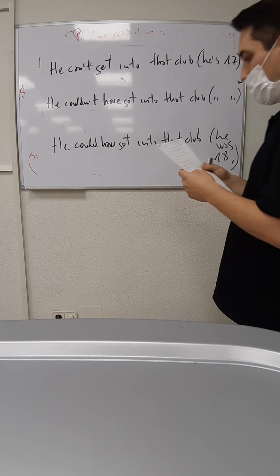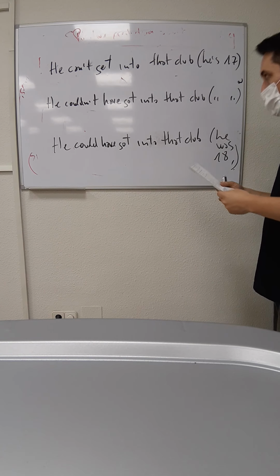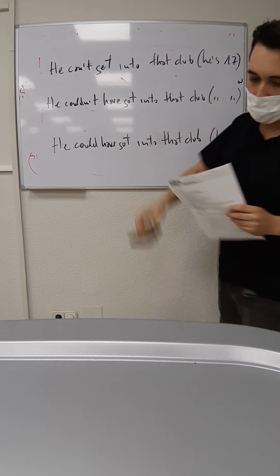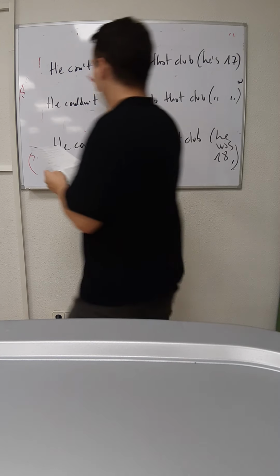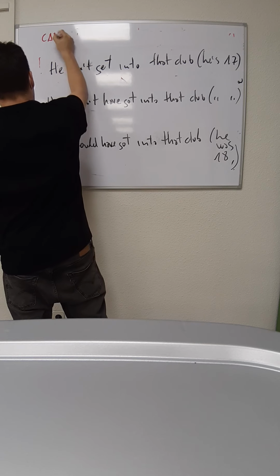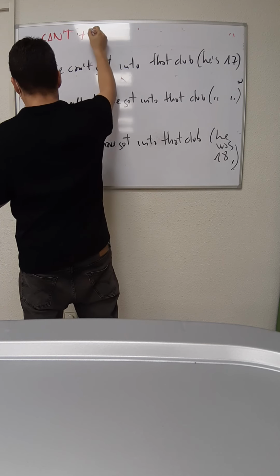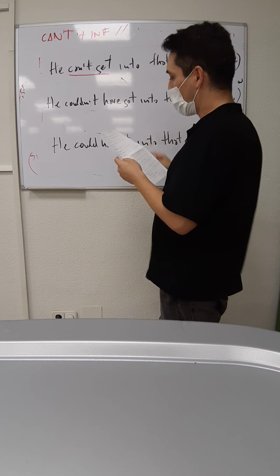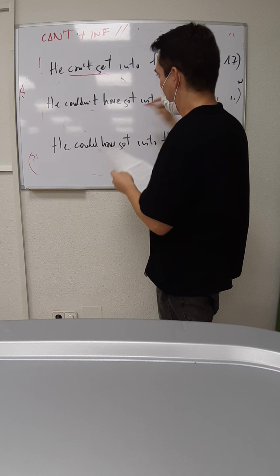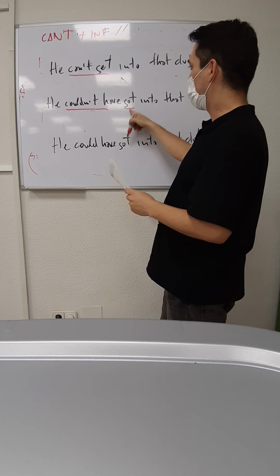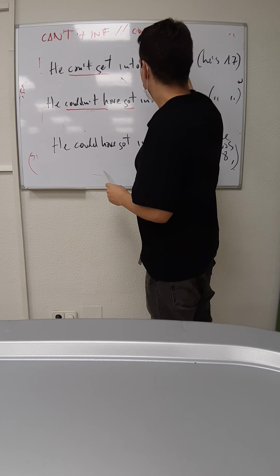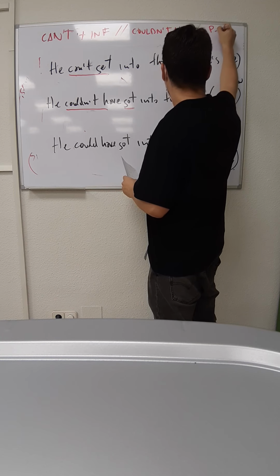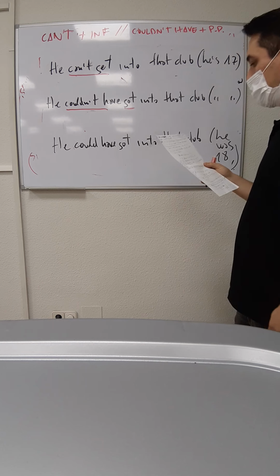Okay, so what am I doing here? What is the structure that I'm using in these examples? The structures that I'm using are can't plus infinitive, as you can see here, can't get. I'm also using couldn't have plus past participle.